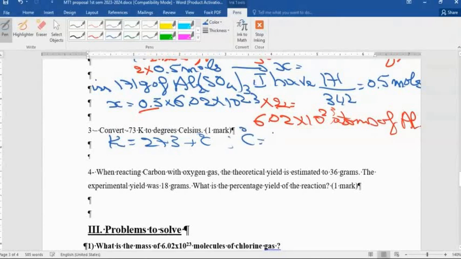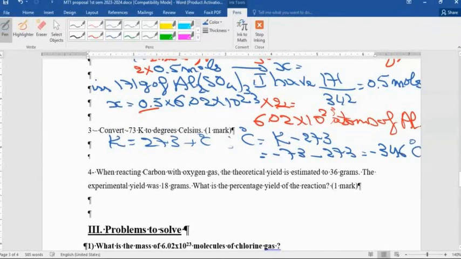That the degree Celsius will be equal to Kelvin minus 273. It will be minus 73 minus 273, which will be equal to minus 346 Celsius.